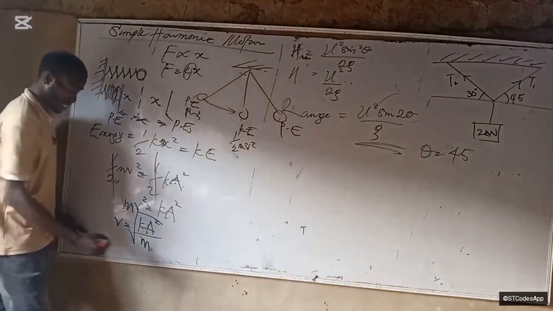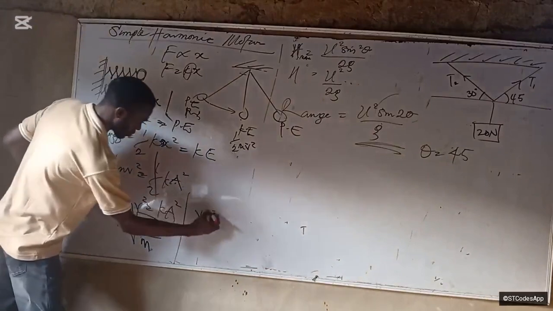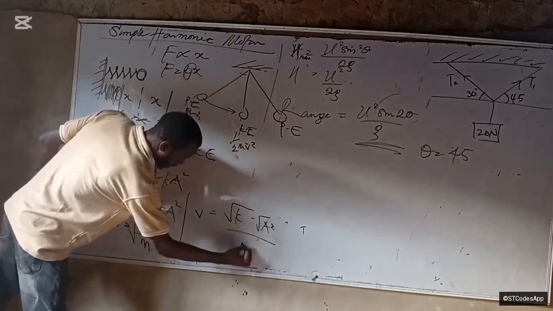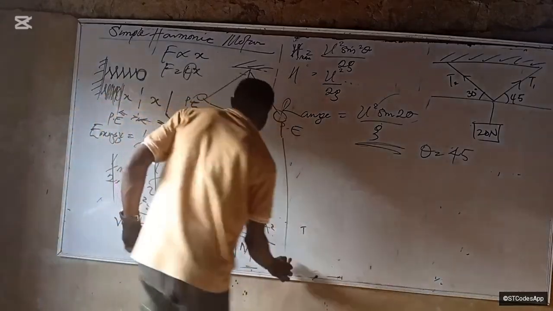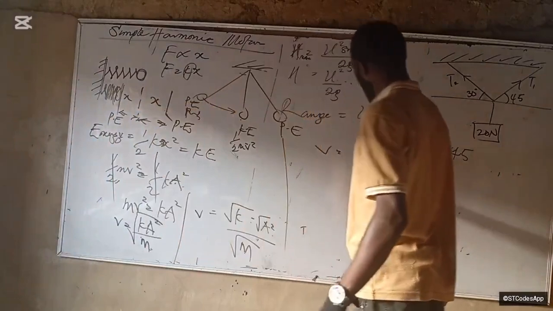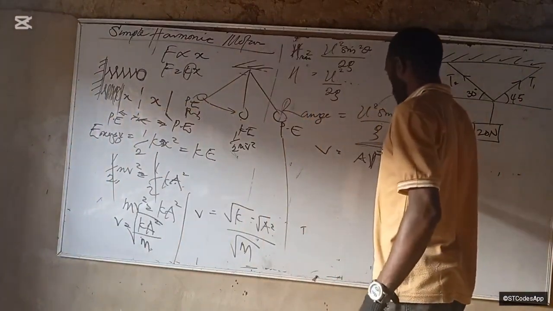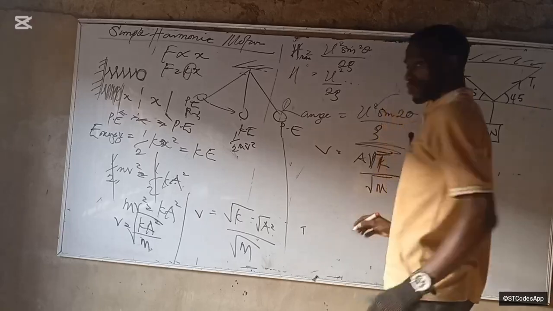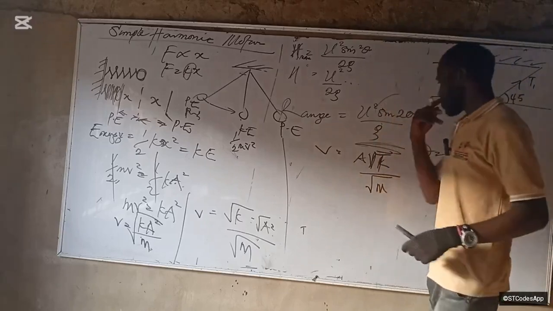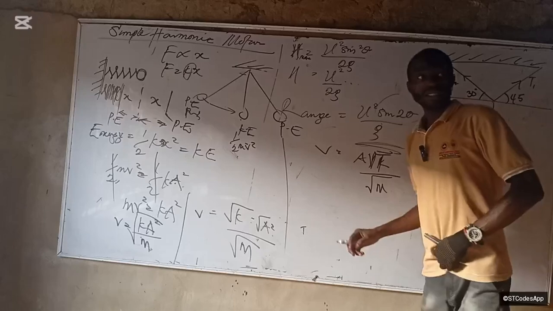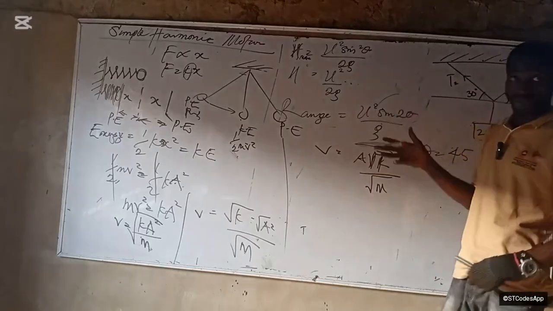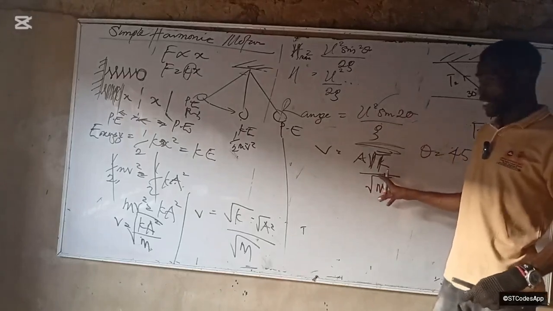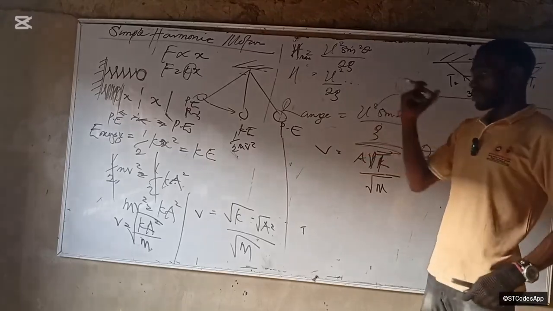So v here will be equal to root k times root a squared over root m. So v here will be equal to a root k over root m. So we have proven that the velocity of an oscillating body is directly proportional to the square root of the spring constant and inversely proportional to the square root of the mass attached to it.